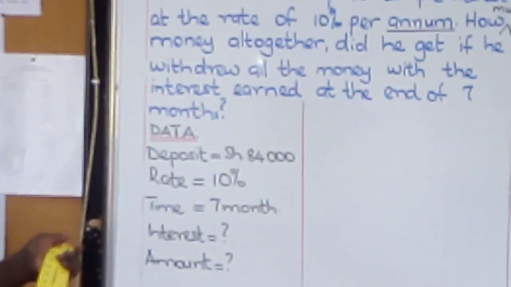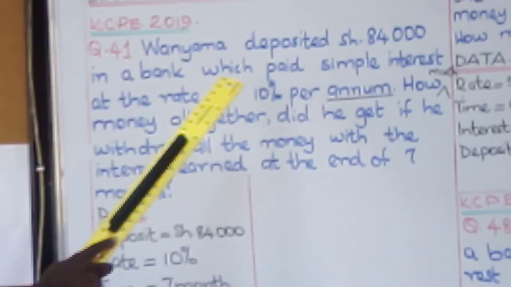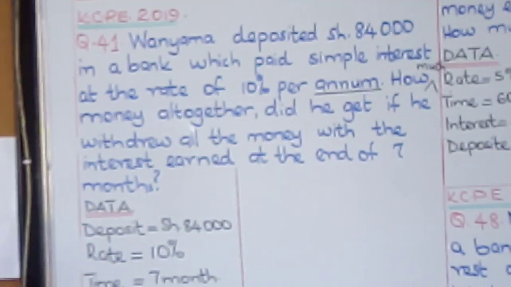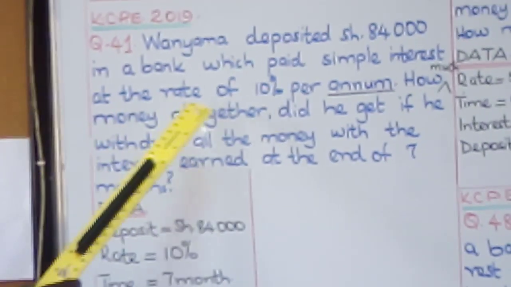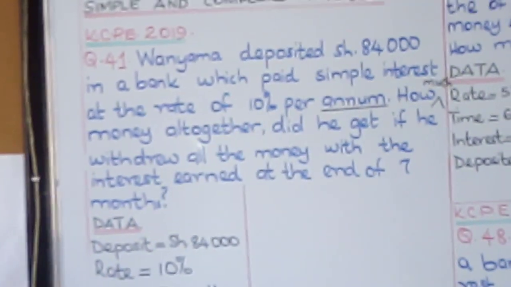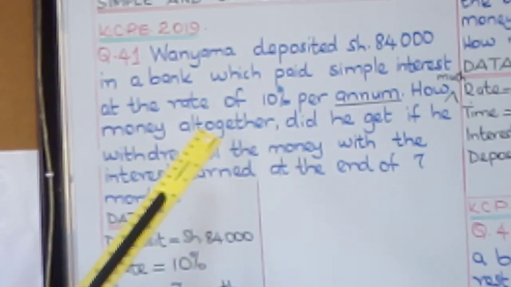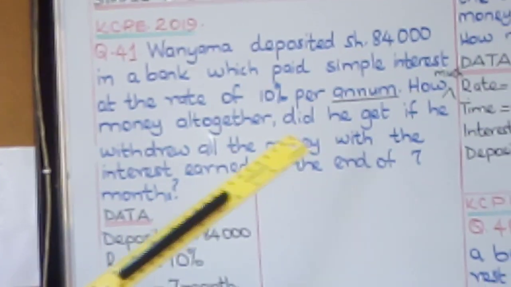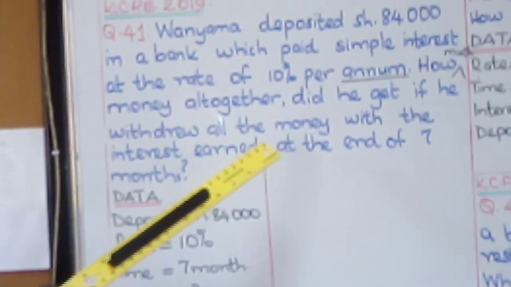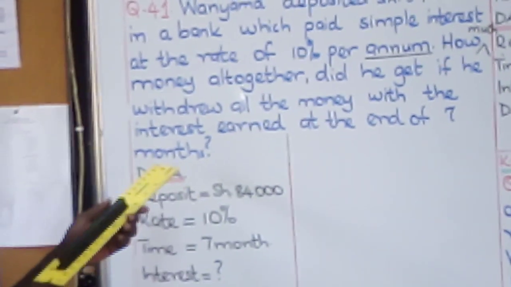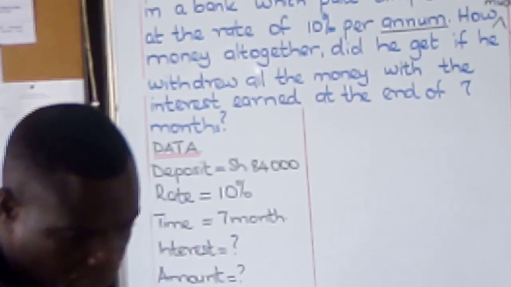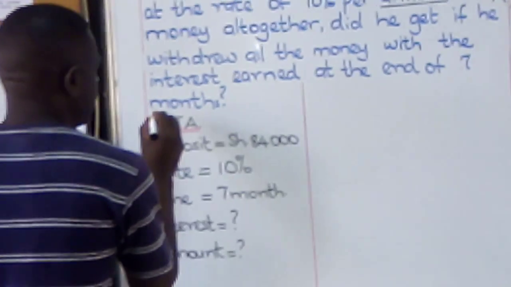Be alert and read together with the teacher. Wanyama deposited 84,000 shillings in a bank which paid simple interest at the rate of 10% per annum. How much money altogether did he get if he withdrew all the money with the interest earned at the end of 7 months? Underline the word months.